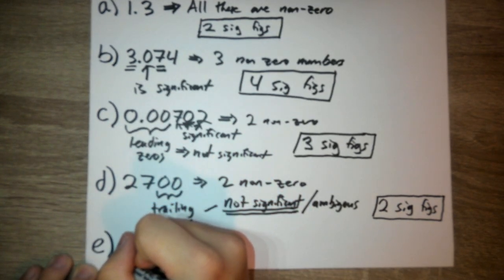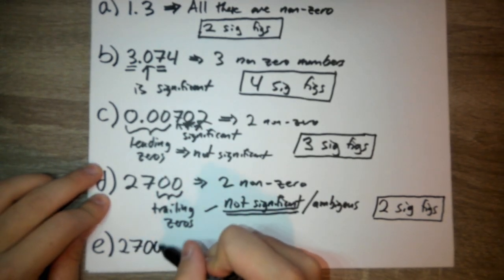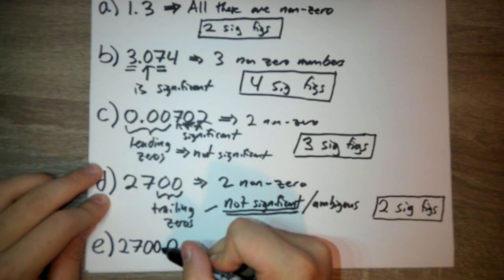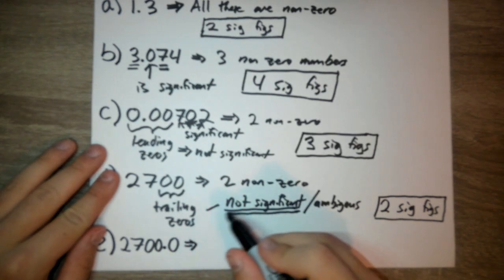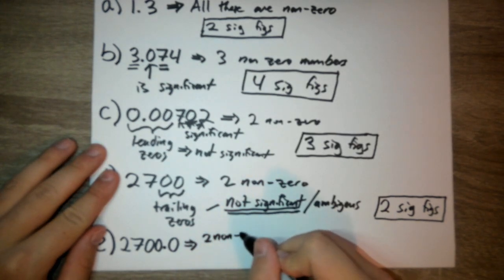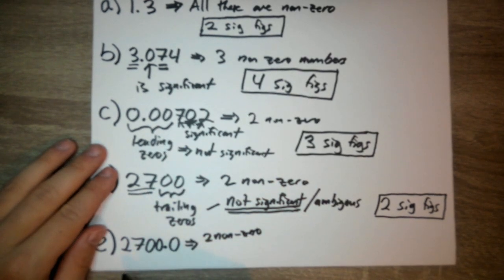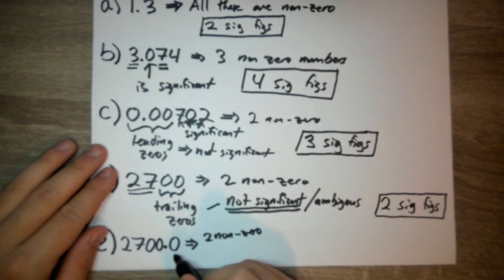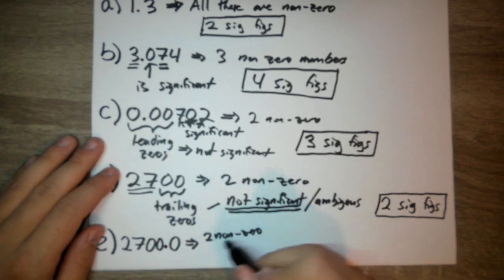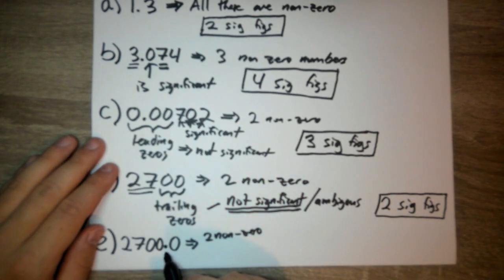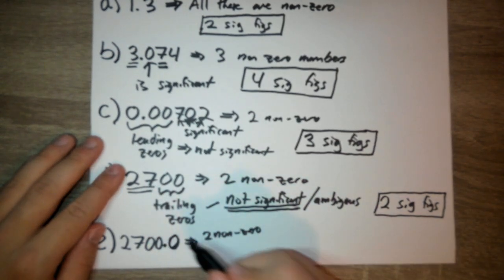Finally, I'll squeeze down here the last one, which is 2,700.0. Now in this case, same thing, 2 non-zero numbers, same as this. And now we've got 3 trailing zeros, and this one is a decimal number now. It's the same number as this, but in decimal form with a 0 over here.